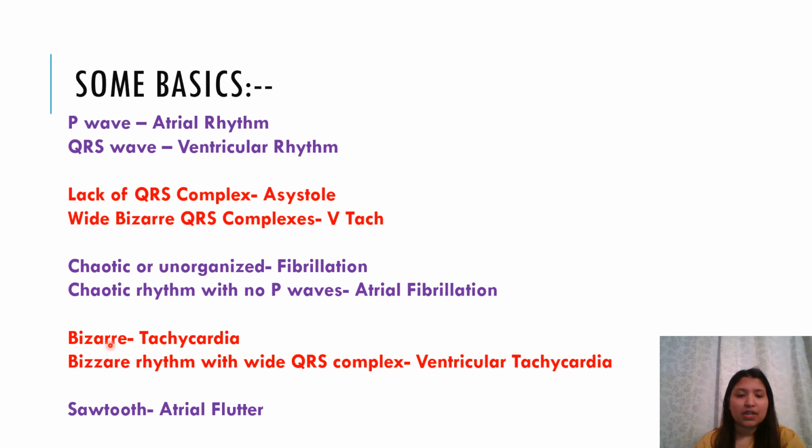If you see a bizarre rhythm, it will be a tachycardia, and if it is with a wide QRS complex, then it is ventricular tachycardia. A sawtooth rhythm will be atrial flutter. So you can see this terminology is in the exam, and you can mark the options accordingly.